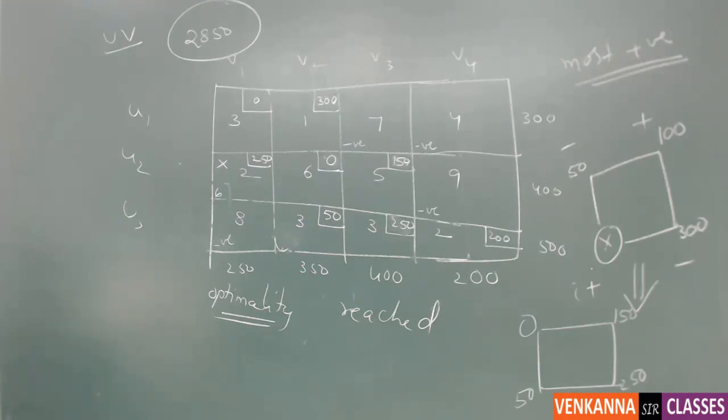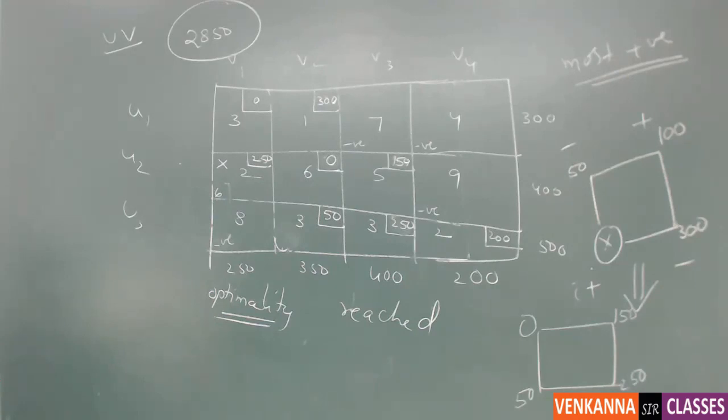Yes, same allocation. In general, if you go with VAM, after having the optimal solution, you will get the value somewhat reduced. In this case, the same value will come.